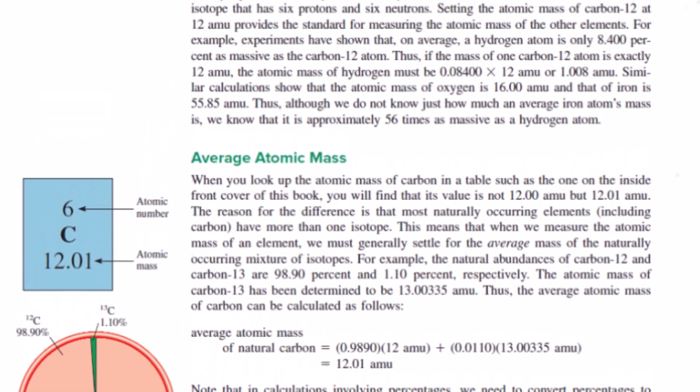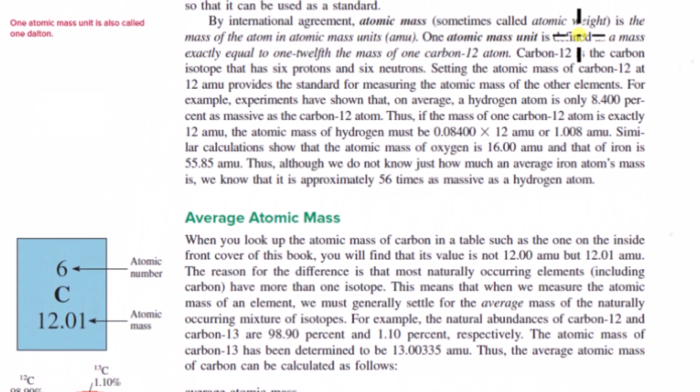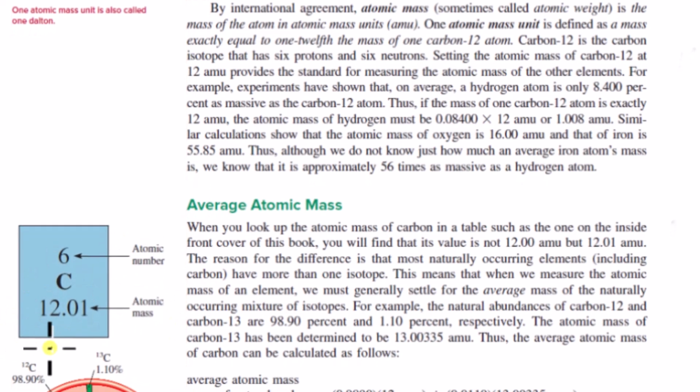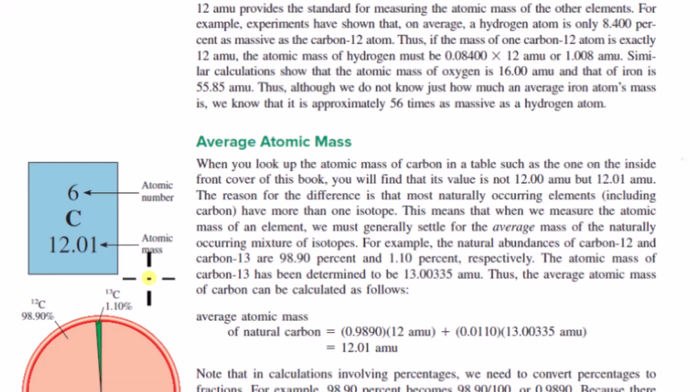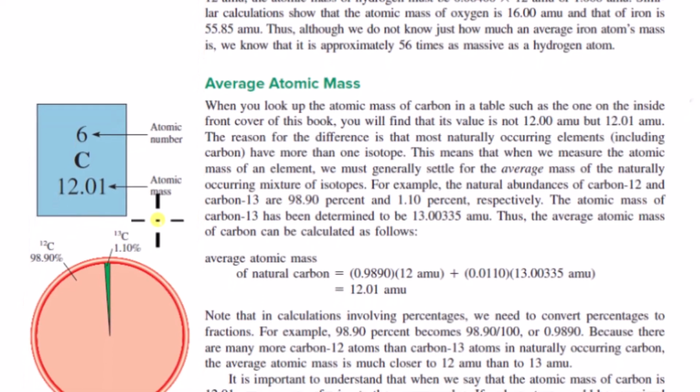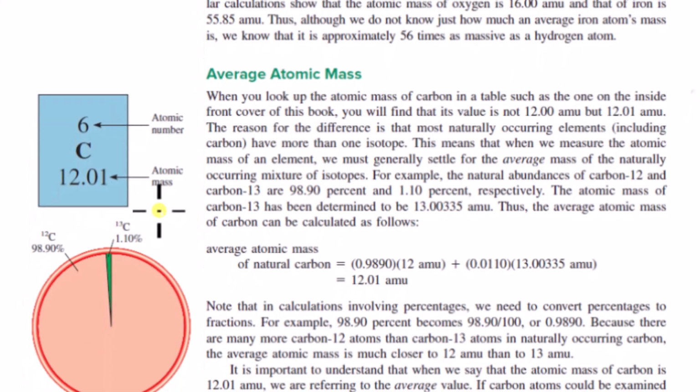They said here, atomic mass, sometimes called atomic weight. So if you want to refer to this elemental average as atomic mass, you can. Or if you want to refer to the mass of the selenium-34 isotope as atomic weight, you can. I personally like the convention of distinguishing between atomic weight and atomic mass, but it's up to you.